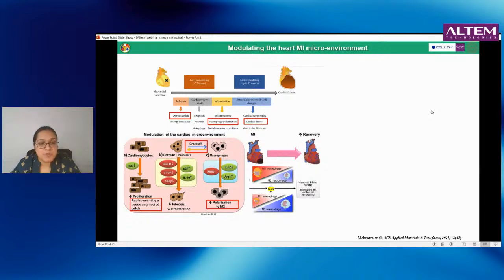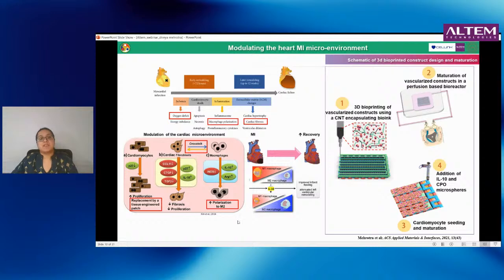And it was proposed that if we can modulate these three conditions by replenishing the cardiomyocytes using a 3D bioprinted or any tissue engineered graft, and by reducing the cardiac fibroblasts in the heart tissue, or by polarizing the macrophages, we could develop an ideal cardiac graft.